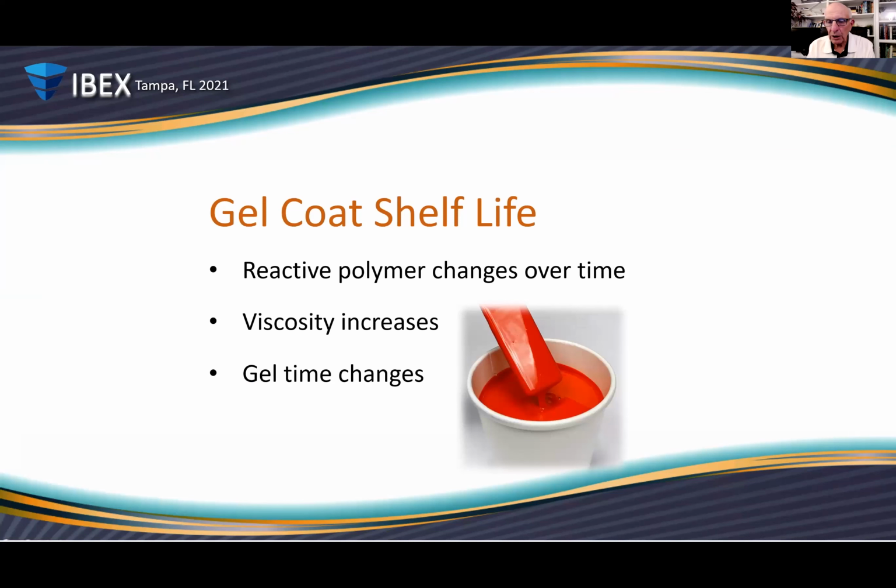What does change? Well, we're dealing with reactive polymers here. And when that material is sitting in the drum or the 5-gallon pail or whatever it might be, it's not just sitting there. There are reactions going on within the polymer all the time.